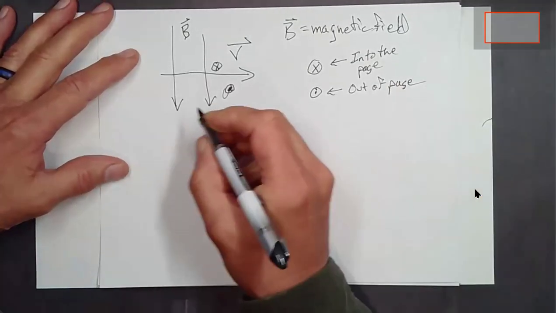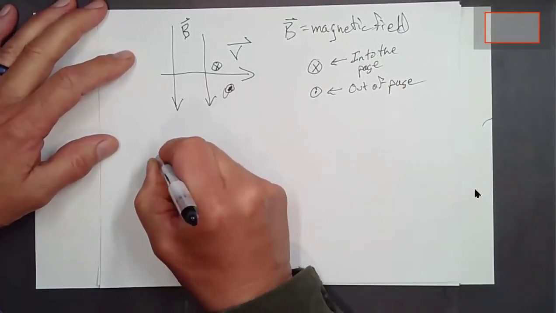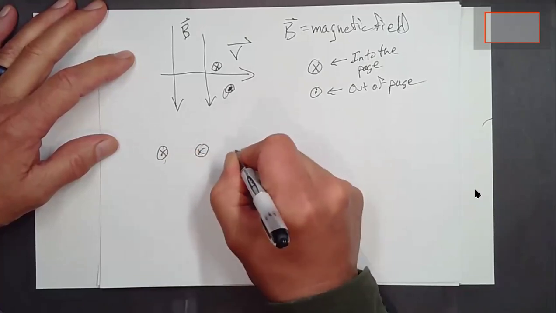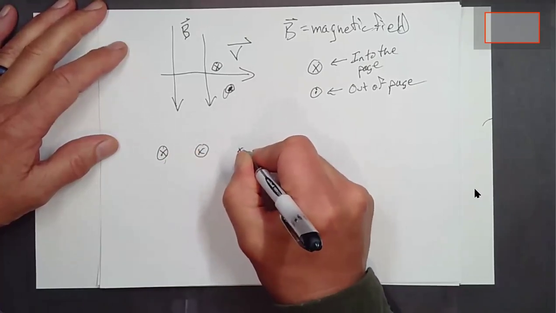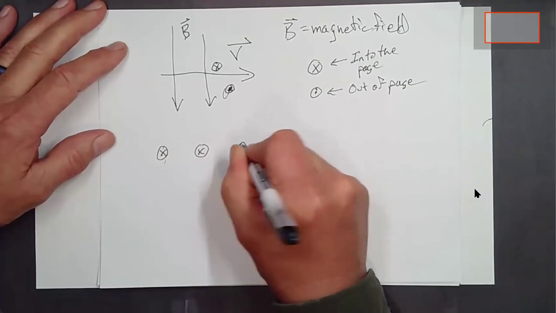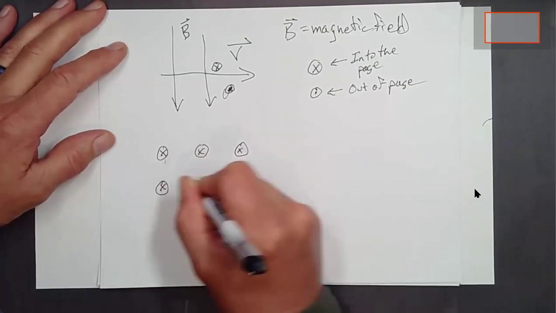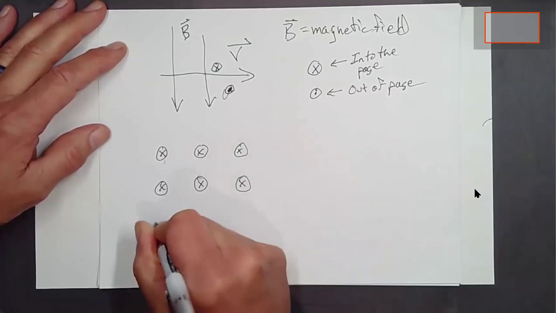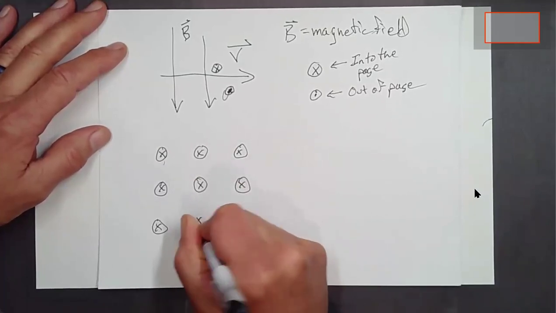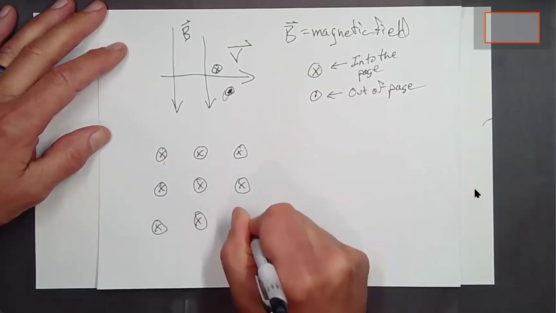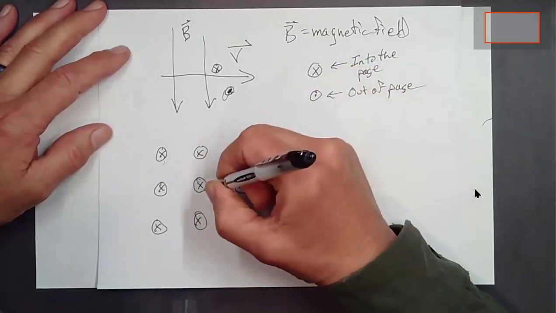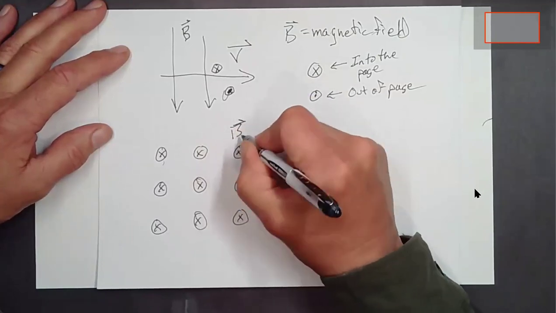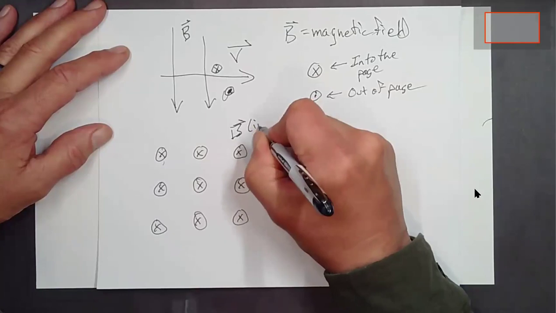So maybe an easier way to illustrate this is we'll imagine, just for the heck of it, that we have a uniform magnetic field here. So it's into the page. And we have a particle. So this is B into the page.